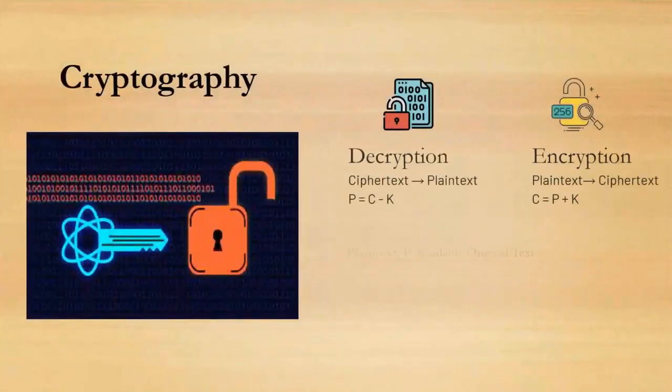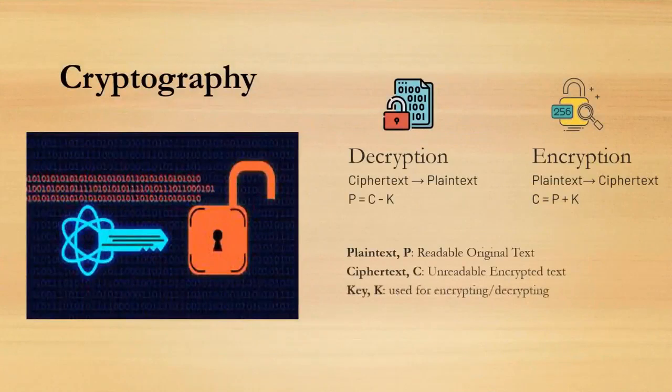Cryptography is divided into two parts, which are encryption and decryption. Encryption means converting plain text into ciphertext, and decryption means converting ciphertext into plain text. Both of them follow specific formulas. Encryption follows C equals P plus K. Here, C equals ciphertext, P equals plain text, and K is for key.